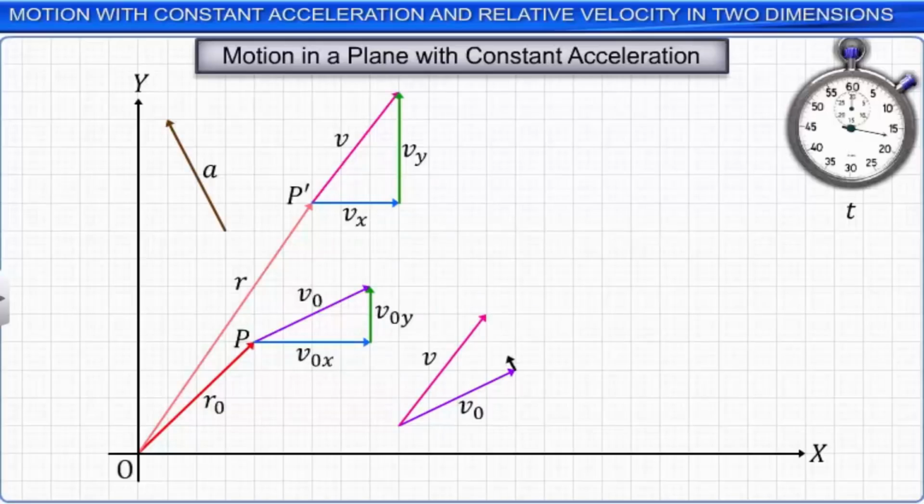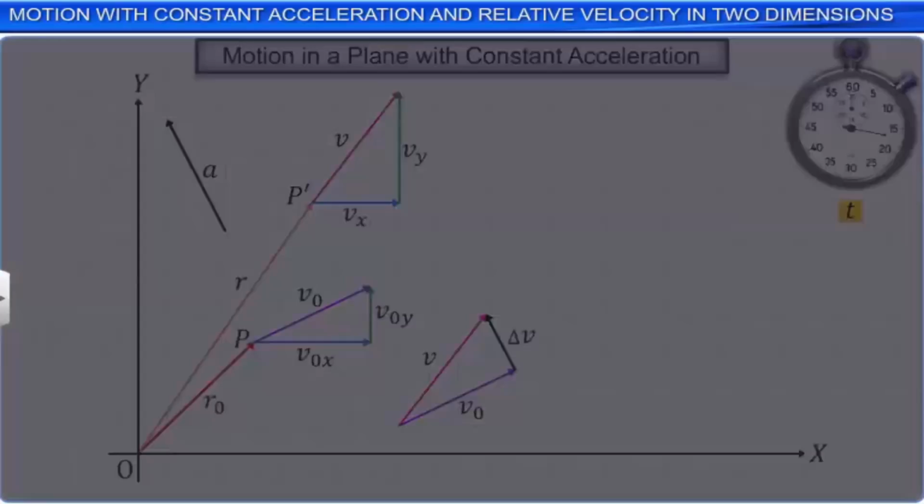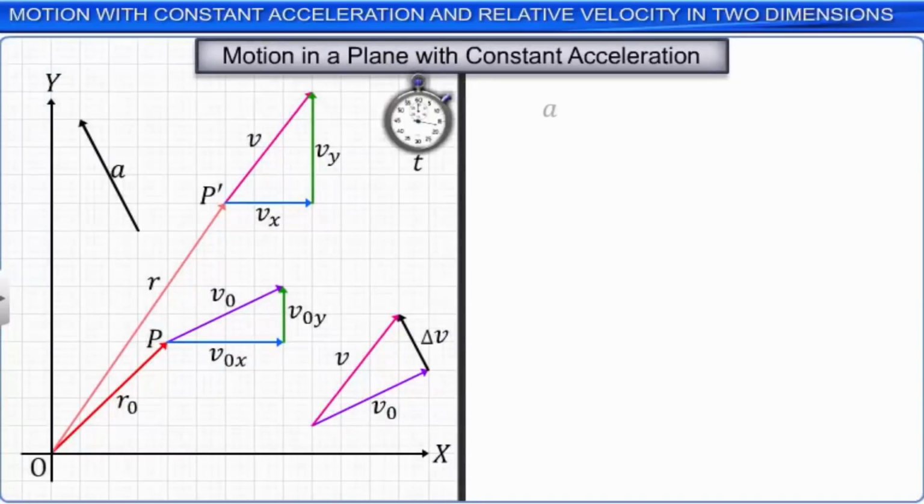Constant acceleration a is equal to change in velocity by time. Thus, a can be written as v minus v0 divided by t minus 0, which is equal to v minus v0 divided by t.